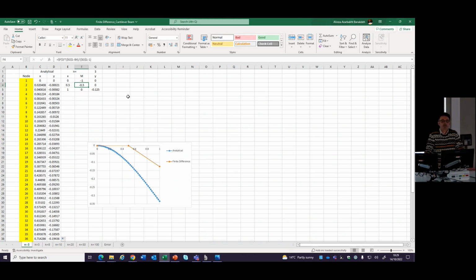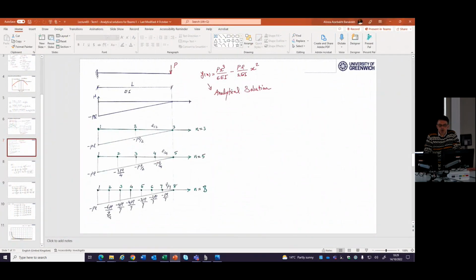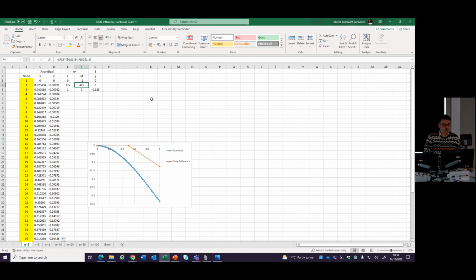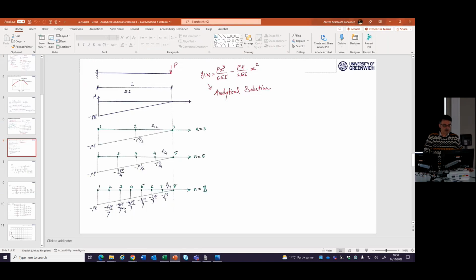For example, if it is really this formula, the denominator should be n minus 1, and the numerator should be... the denominator, what is the denominator?